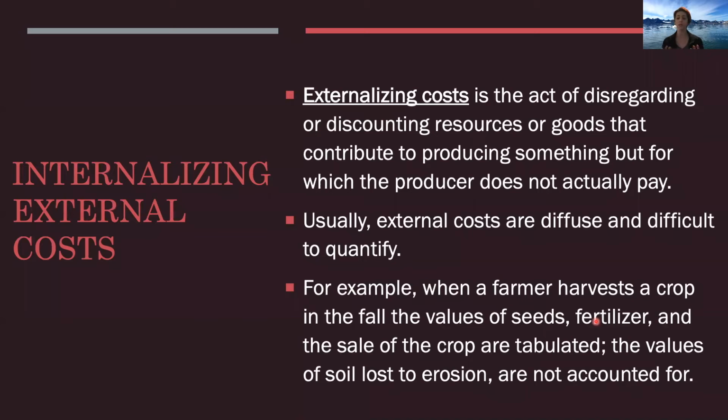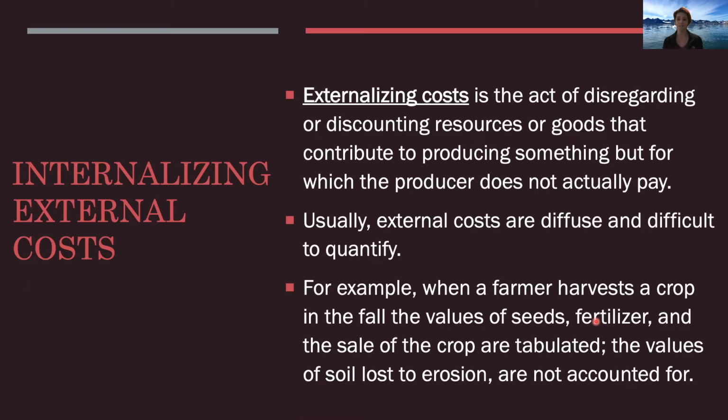For example, when a farmer harvests a crop in the fall, the values of seeds, fertilizer, and the sale of the crop are all tabulated. But what's not tabulated is the value of the soil lost to erosion, the water quality lost to non-point source pollution, and the depletion of fish populations.